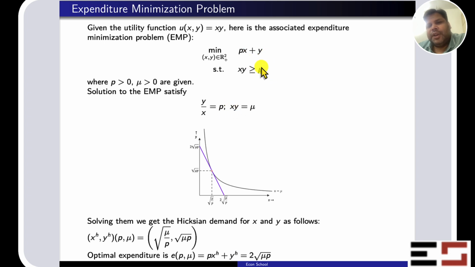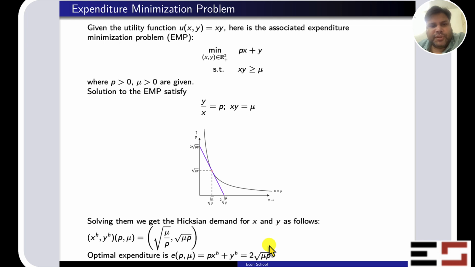If you want to achieve mu level of satisfaction at the minimum possible expenditure, what is the level of expenditure which is required? You just plug in the Hicksian demand in the objective, and you will get 2 root mu p. And this is something that we'll be needing in answering those questions.